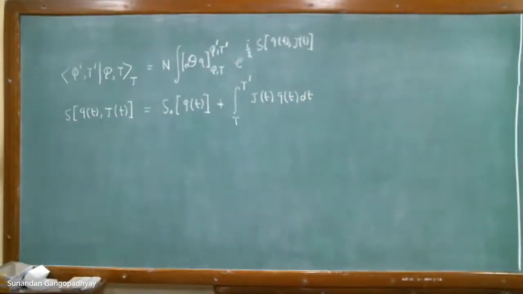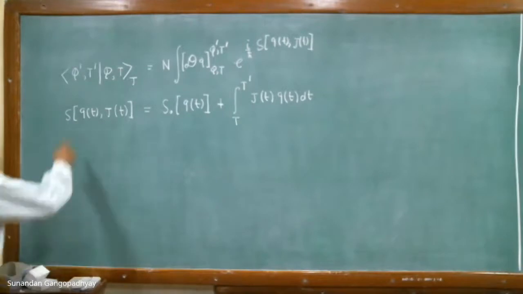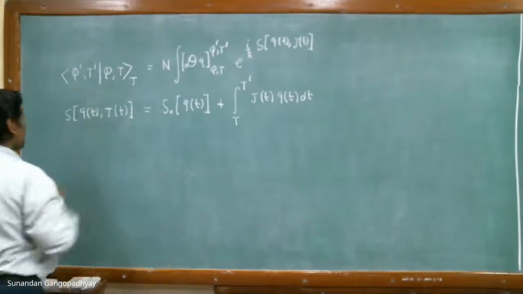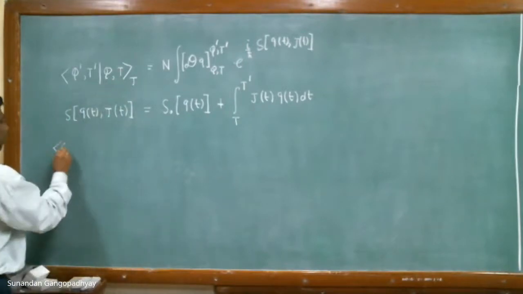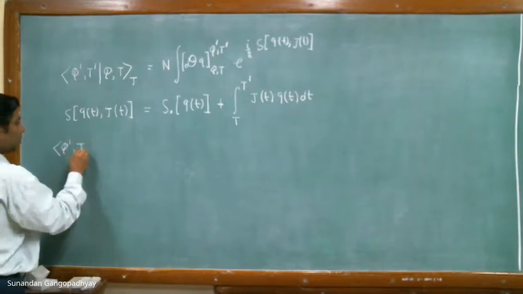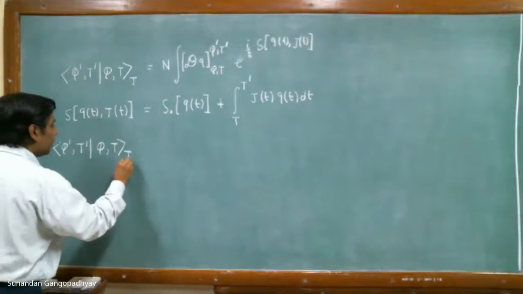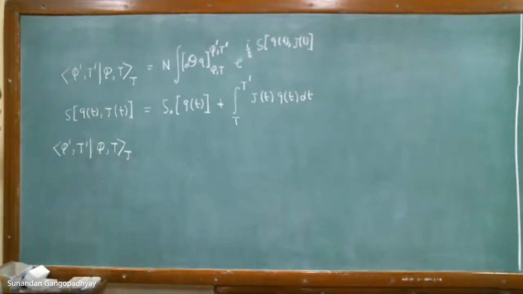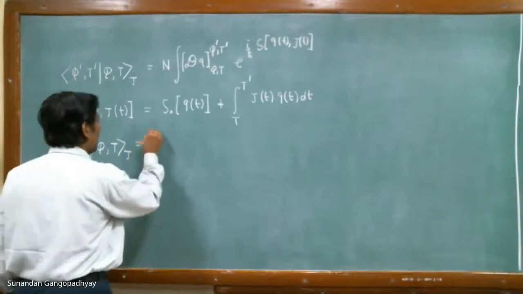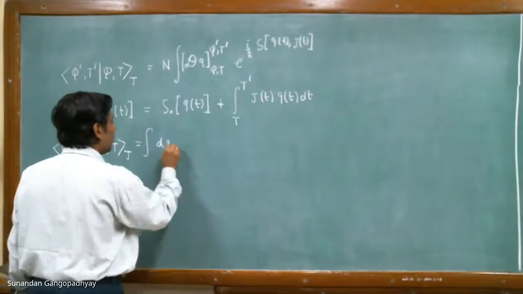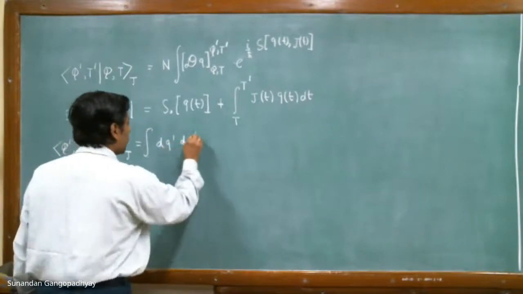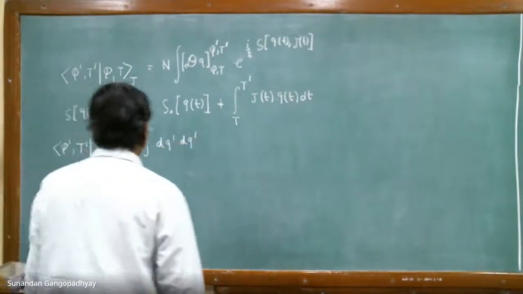So we have an expression of this form. Then we looked at this expression, Q prime T prime, Q t in the presence of external source. We inserted a complete set of position eigenstates.